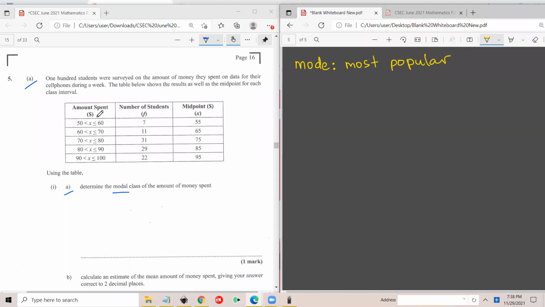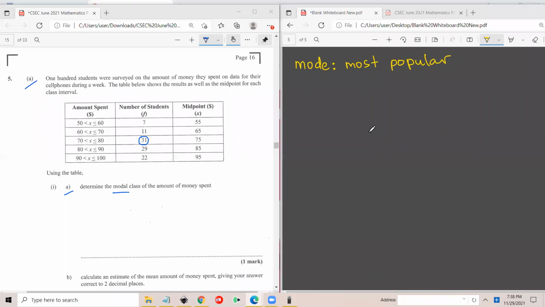7 students got between $50 and $60 to spend. 11 students got between $60 and $70. Which group of students, you notice this one here is 31. So apparently the most amount of students share this value between $70 and $80.